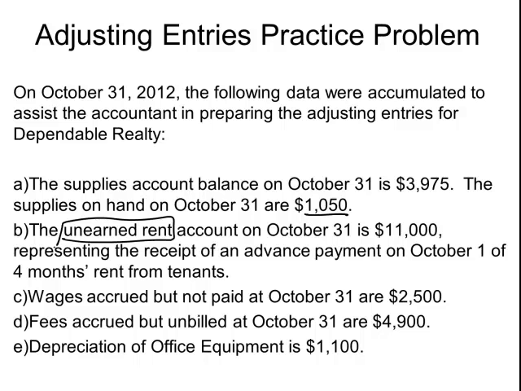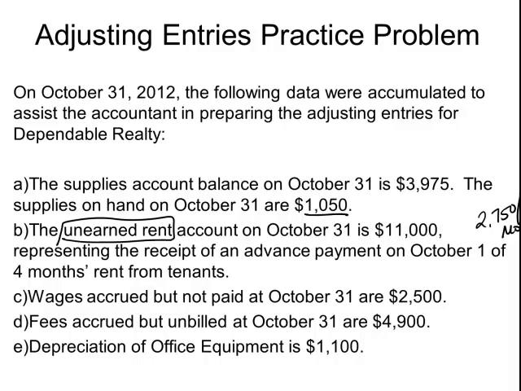We don't really know what it is, but we do know that our tenant paid us October 1st. They paid us $11,000, and that was a prepayment of 4 months worth of rent. So if we take the $11,000 and divide it by 4, that gives us $2,750 per month that they're giving us in rent.